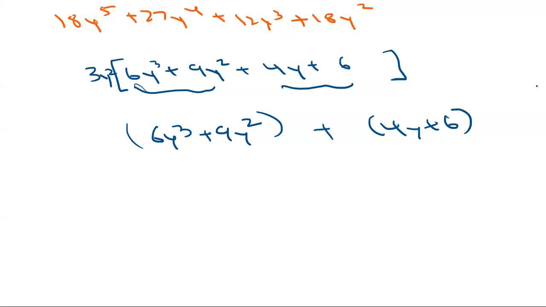If I look at 6 and 9, right? What's going to be the greatest common factor between 6 and 9? 3, good. All right. And then what about between y cubed and y squared? What's the greatest common factor between these two guys?